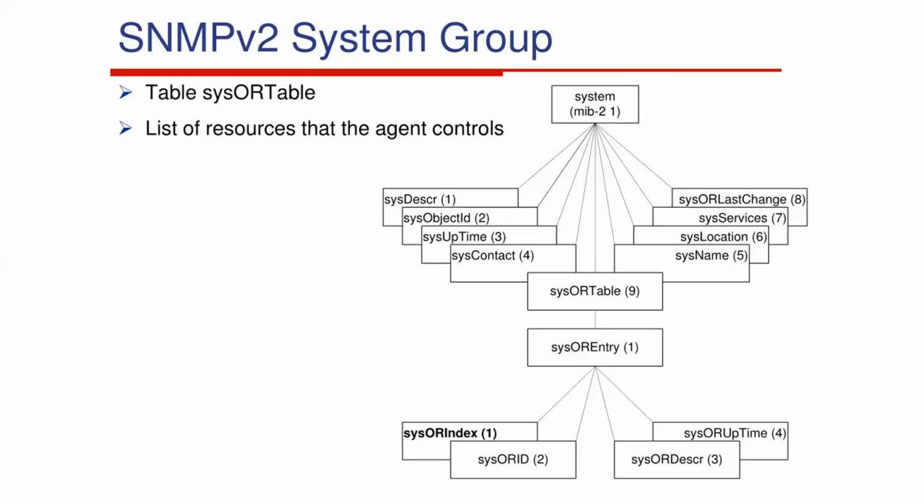From that slide, we can easily understand non-repeaters and max repetitions, N and M. N is for the next objects: N given objects are asked. M, max repetitions, represents at most M successive instances of each repetitive object asked. It is nothing but the get bulk request.